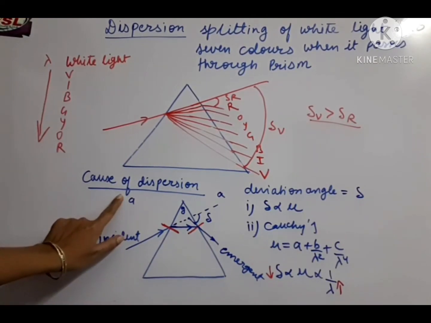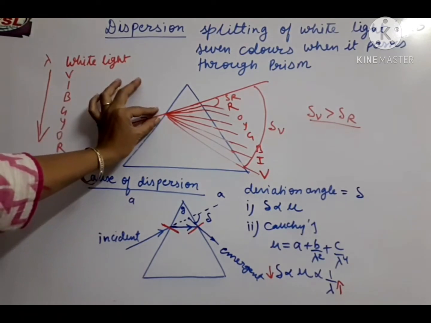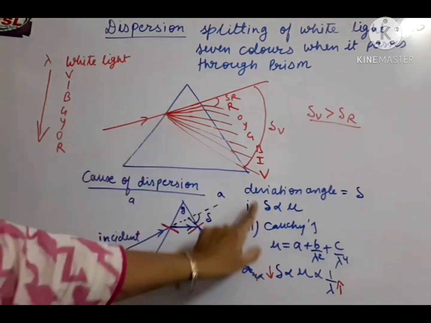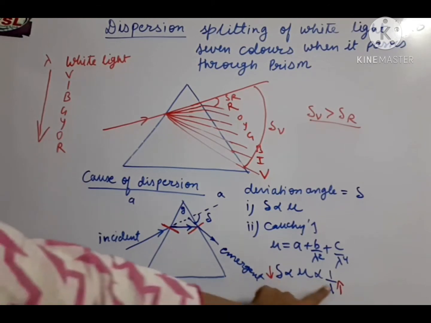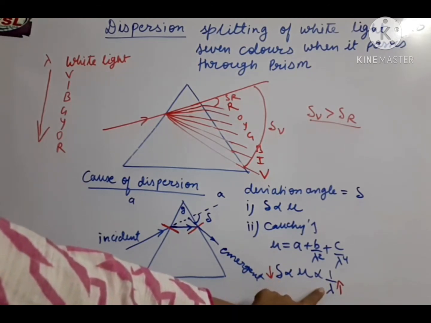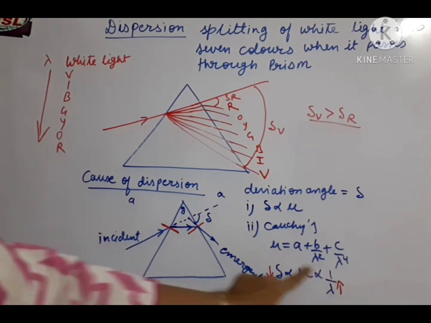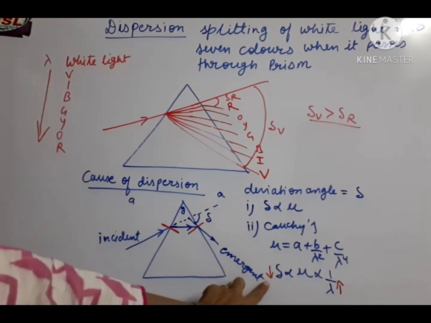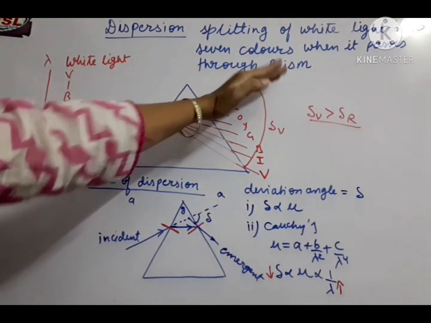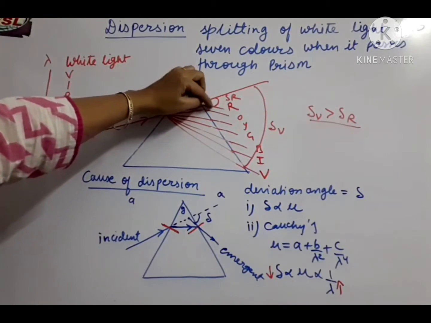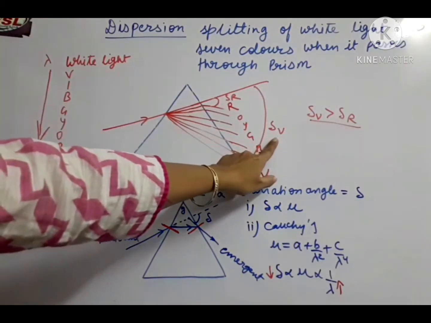So let us conclude. Since in the white light there are already 7 lambdas or 7 colors, and by these two relations the deviation angle delta depends inversely on lambda, whichever color has the highest lambda will come at minimum deviation angle from the original path, and violet will come at maximum deviation angle.